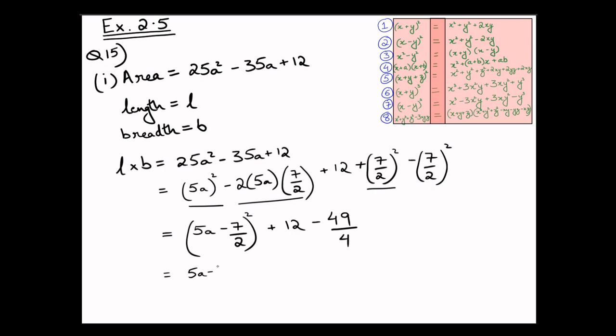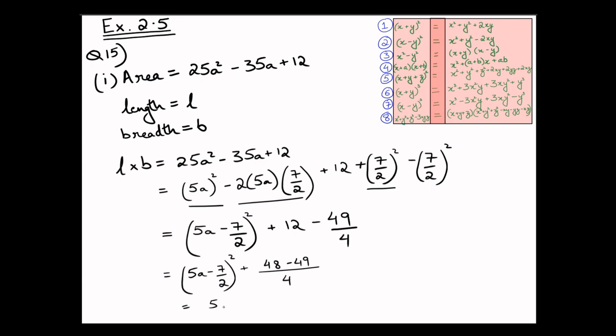I get 5a minus 7 by 2 whole square, and I'm going to take common base of 4. 12 4s are 48 minus 49 by 4.